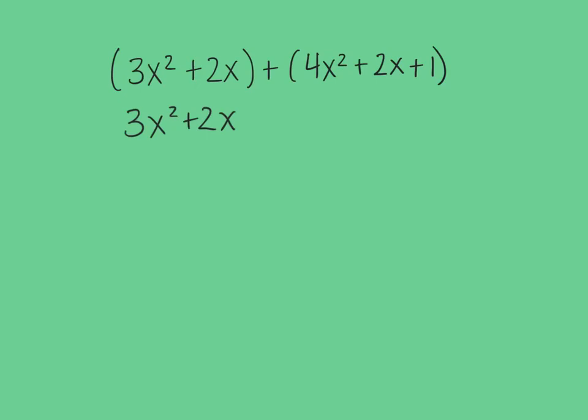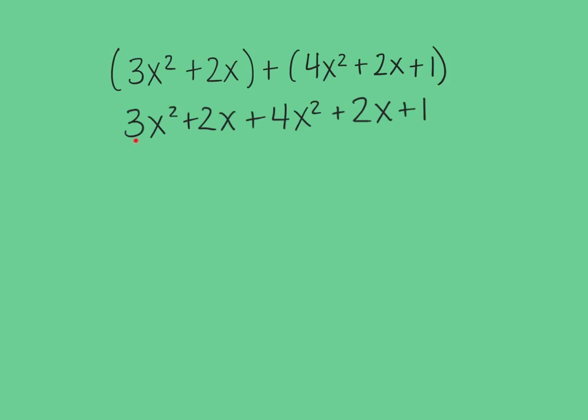So I'm going to be adding positive 4x squared, adding positive 2x, and then lastly adding a positive 1. So I've expanded it out, and now I'm going to write down the tiles for each one of these.